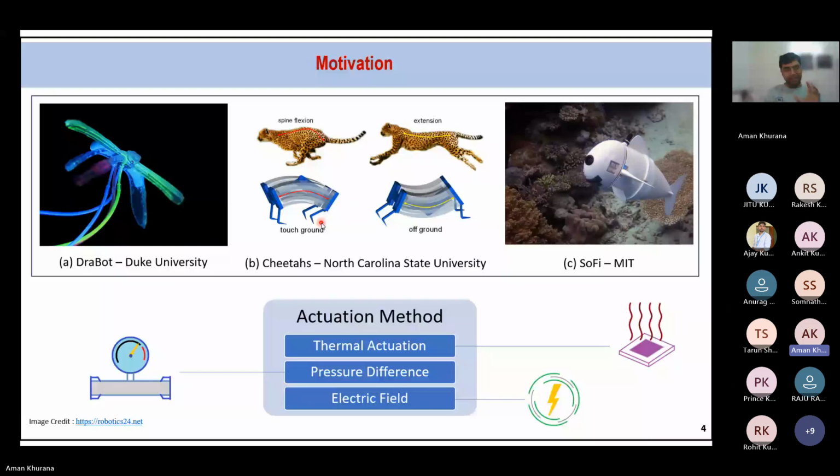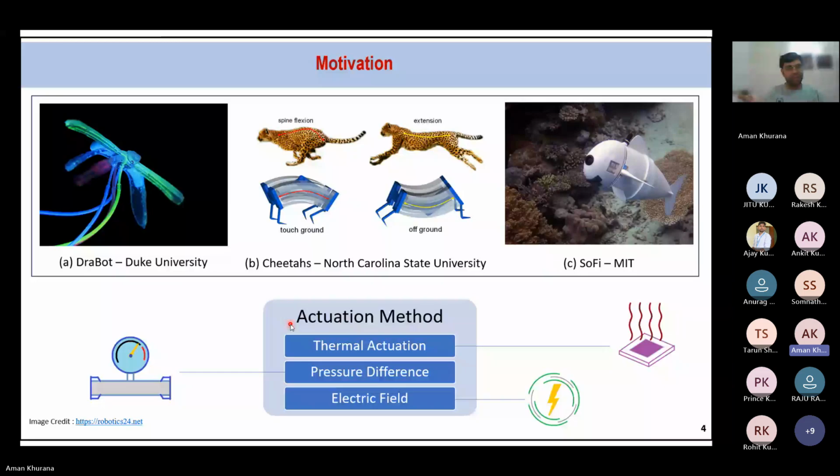Now, the important thing is how we can classify them. It's a very simple way. Since they are getting actuated when we apply external stimulation, the external stimulation will govern the different types of soft active material. For example, if I apply electric voltage, then it is classified as electroactive polymer. If you apply magnetic actuation, it is called magnetorheological elastomer.